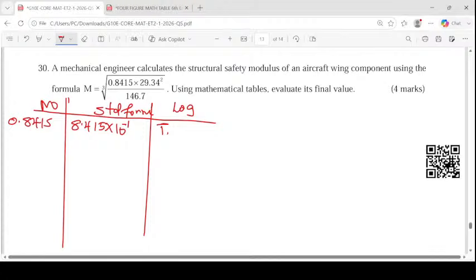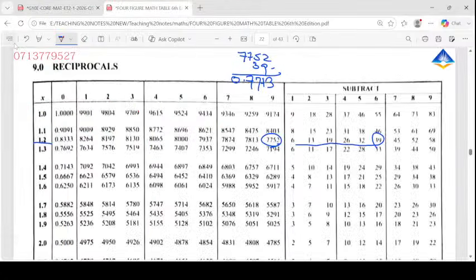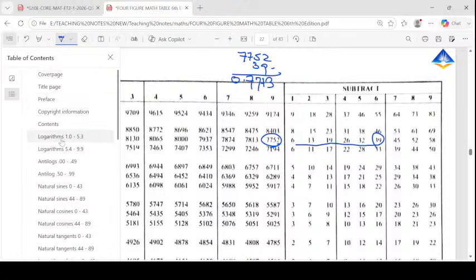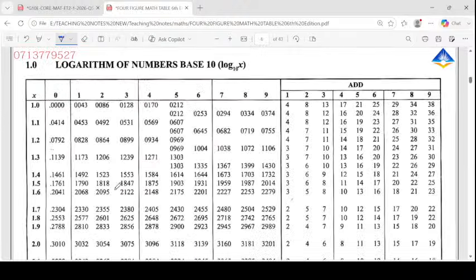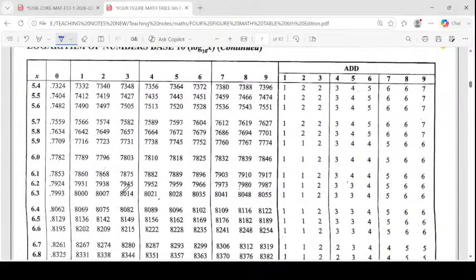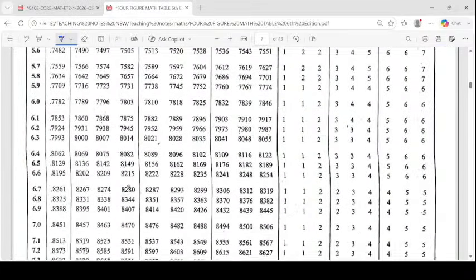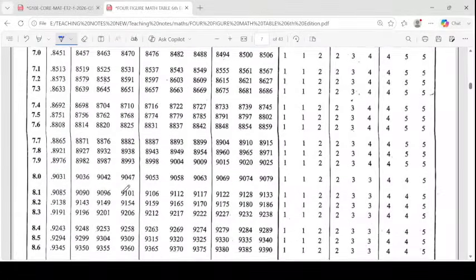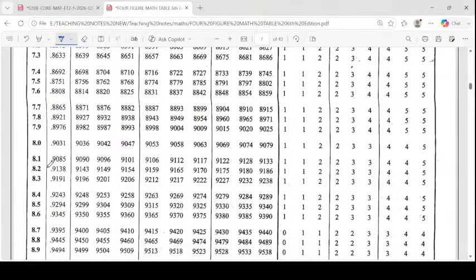Now we go to tables, natural logarithms. We want to go to 8.415. So our 8.4 is here.